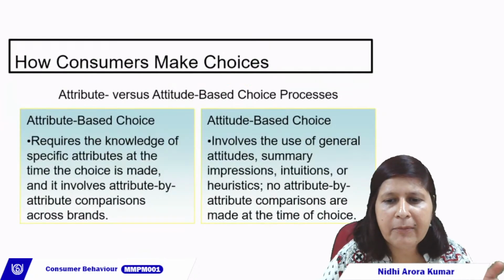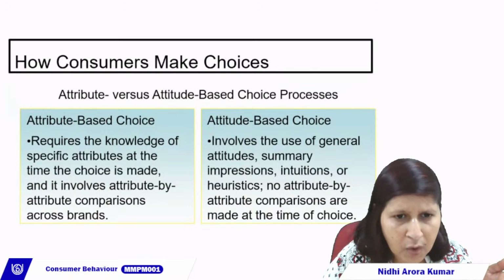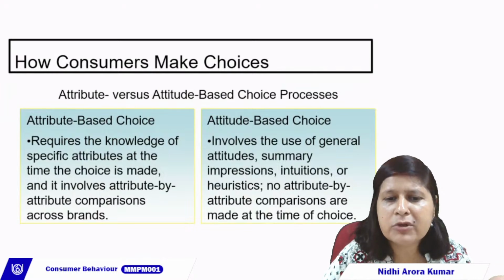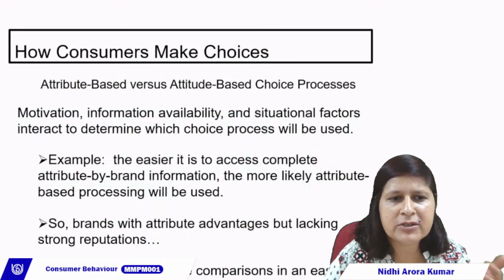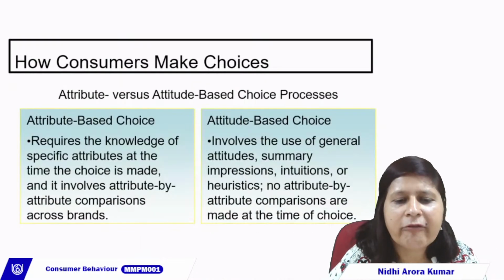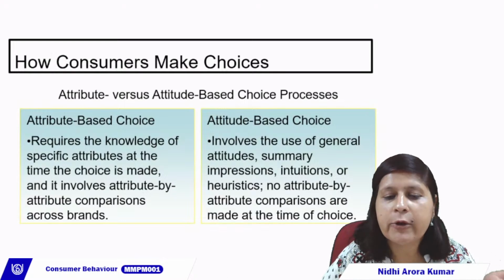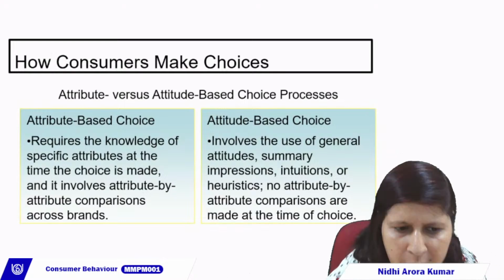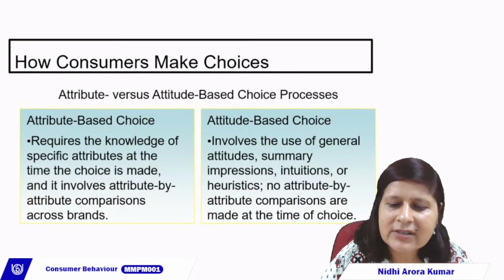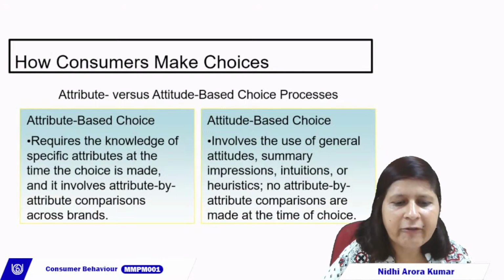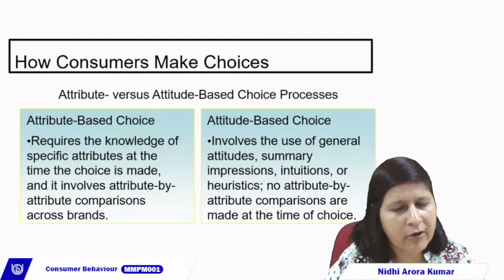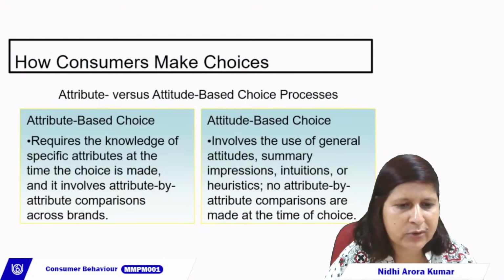Another distinction is between attribute based and attitude based choices. Attribute based choices require knowledge of the specific attributes at the time the choice is made, and involve attribute by attribute comparison across brands. Attributes are characteristics.